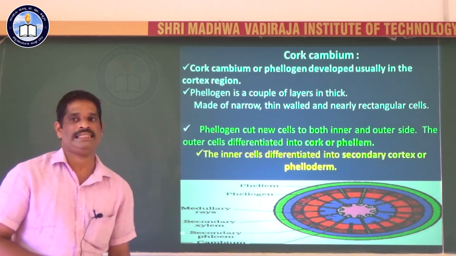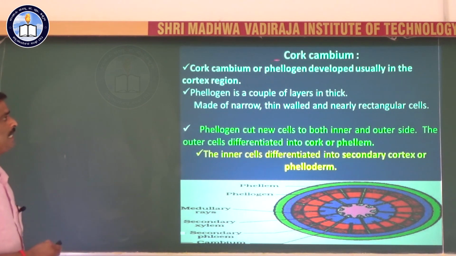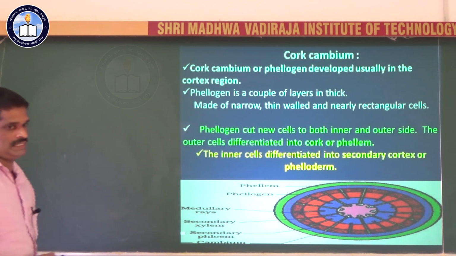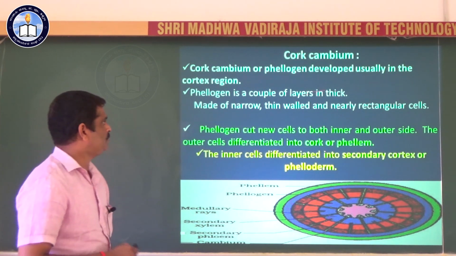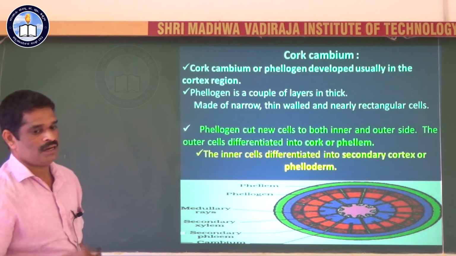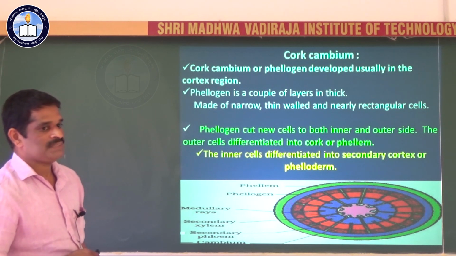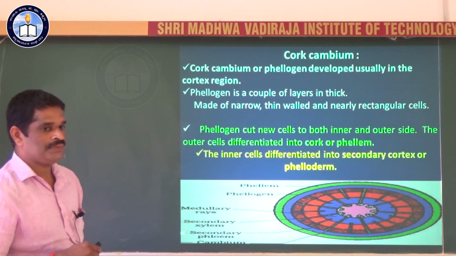Let us study the activity of cork cambium. Cork cambium is also called phellogen, developed usually in the cortex region. Due to the activity of the vascular cambium, pressure is built up on the cortex. The ruptured cortical cells produce a new cambium.